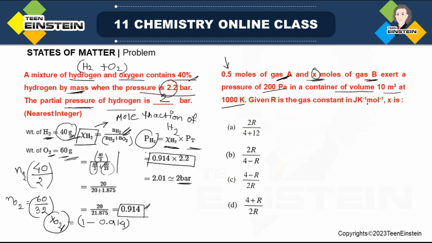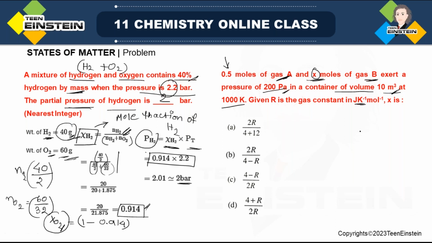R value is given in joule per Kelvin per mole, basically 8.314. So here pressure is given in Pascal, volume is given in meter cube, so you have to use the SI unit of the universal gas constant.